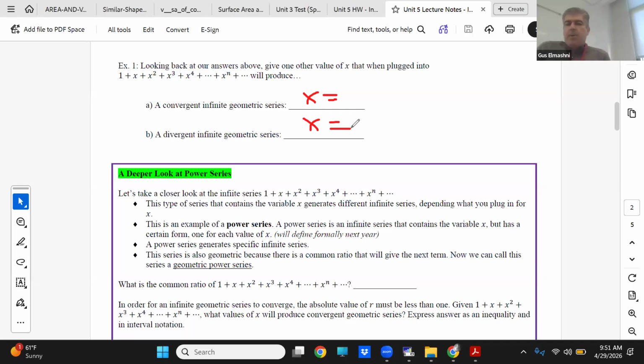So what would be an example that x could equal to make 1 plus x plus x squared plus x cubed plus x4 plus dot dot dot plus xn plus dot dot dot an infinite geometric series that converges? 1/2, sure. Yeah, 1/2 could work, 100%. Because you have 1/2, 1/4, 1/8, 1/16, and so forth. So that's an example. Just know there are infinite possibilities.